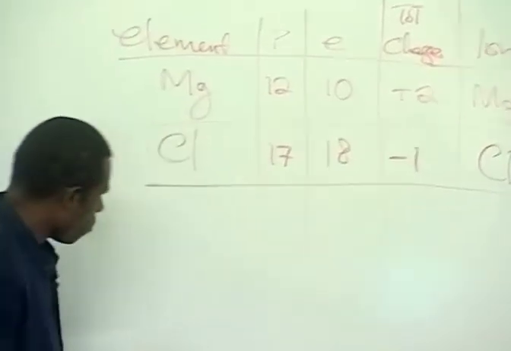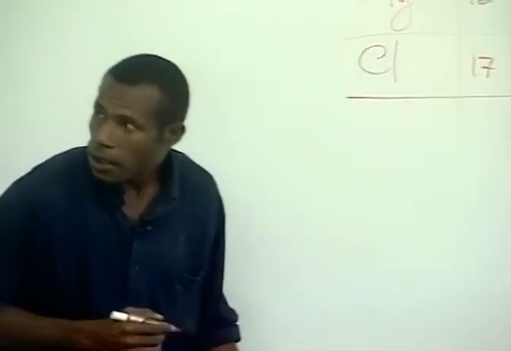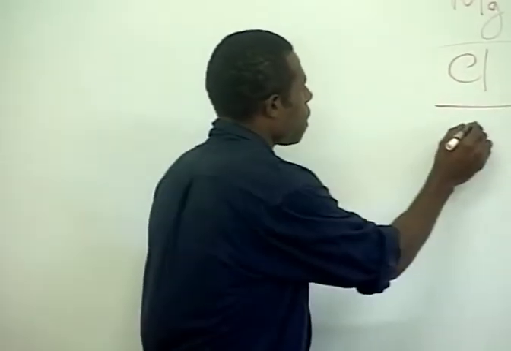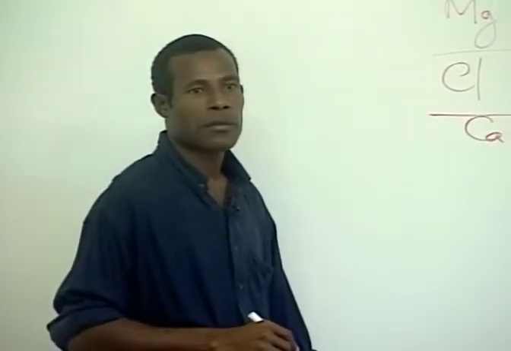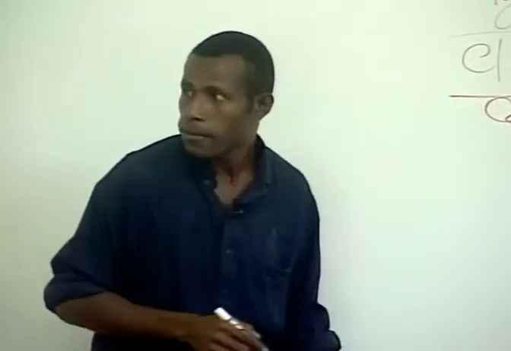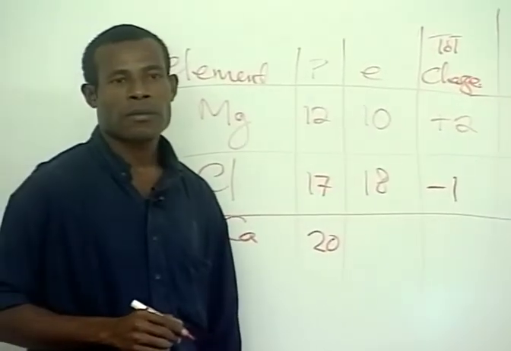Looking at the next, that is calcium. Calcium, number of protons, 20. Number of protons will be 20. Number of electrons, 18.